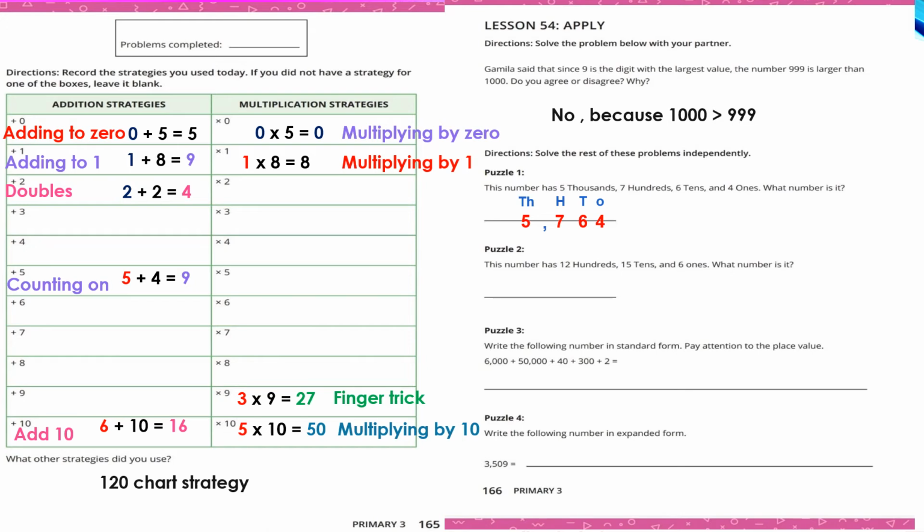Puzzle 2. This number has 12 hundreds, 15 tens, and 6 ones. What number is it? What shall we do here? This is like the previous example? No. Why?